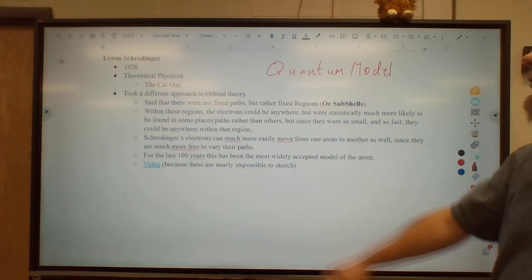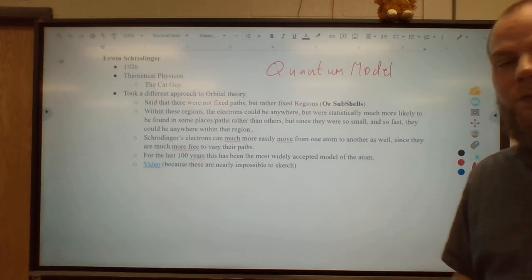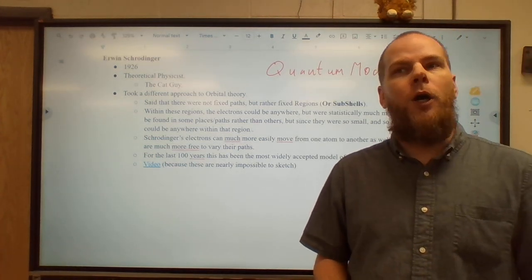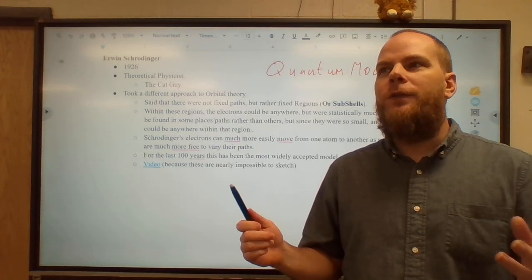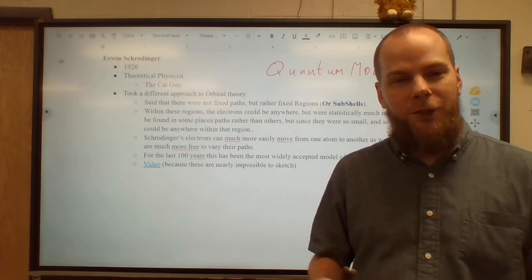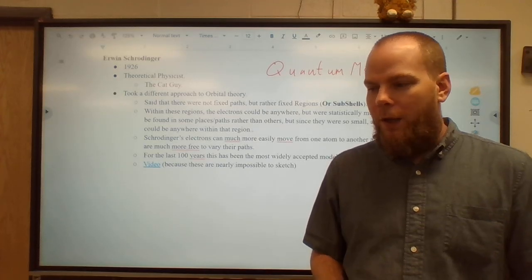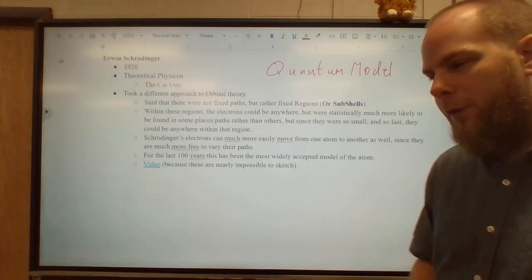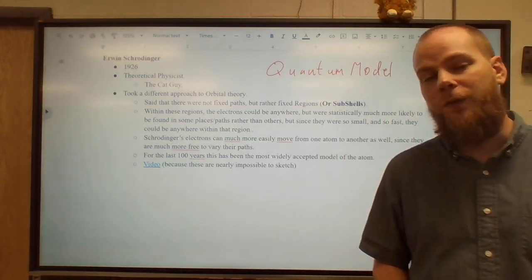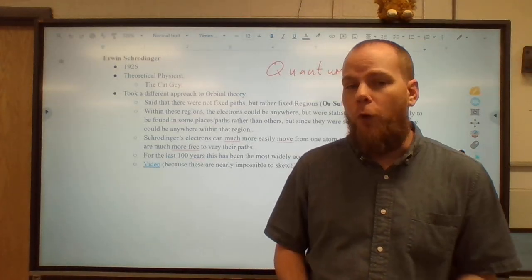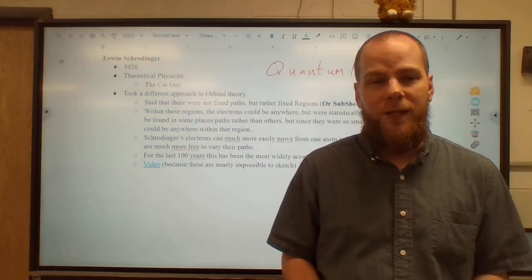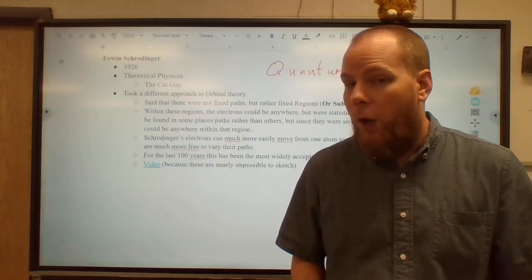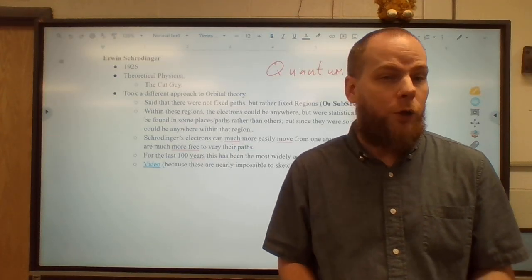So Schrodinger said that there are not fixed paths for the atom, but rather they are statistically more likely to show up in different places. And we're not going to go too in-depth on this, other than he proposed the existence of subshells, which those of you who go on to chemistry, you'll learn about SPD and F subshells, which are the different statistical regions where those electrons can or could be found.